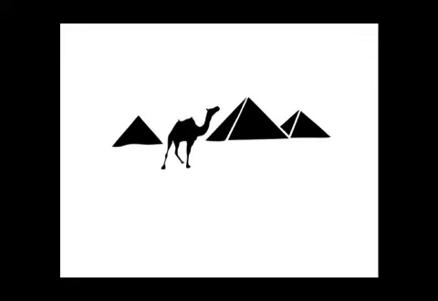The tomb held this treasure because the Egyptians believed that when people died, they took with them whatever was in their tomb. You can see in the image the silhouette of the Great Pyramids of Giza.